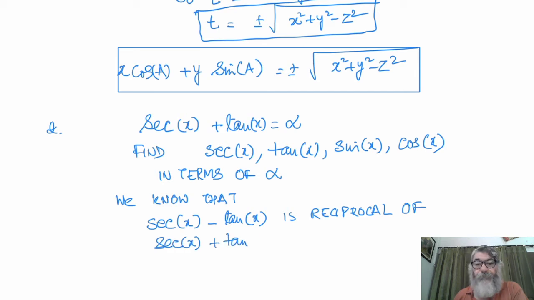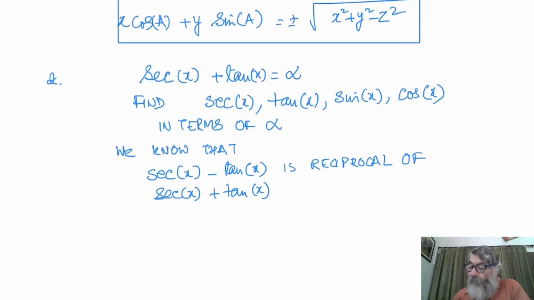This we know. We had discussed when we were saying sec square x minus tan square x is equal to 1. So the factors were sec x minus tan x and sec x plus tan x. When the product of two numbers is 1, that means one is the reciprocal of the other.